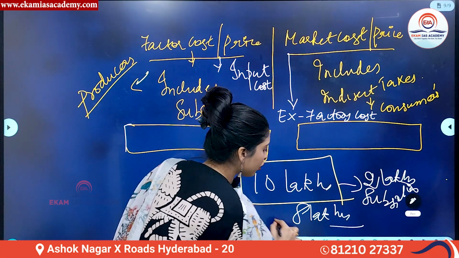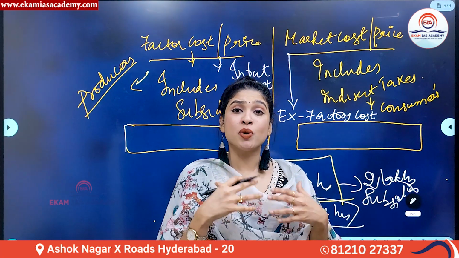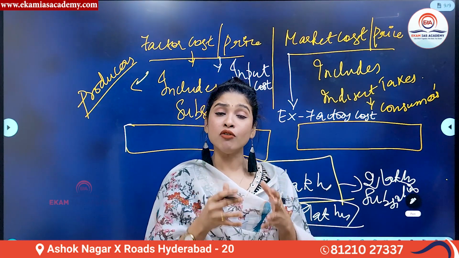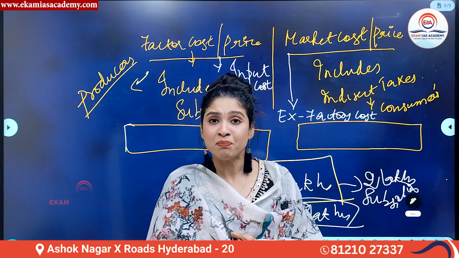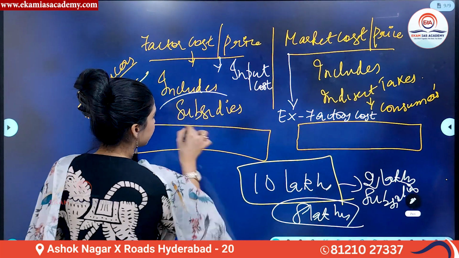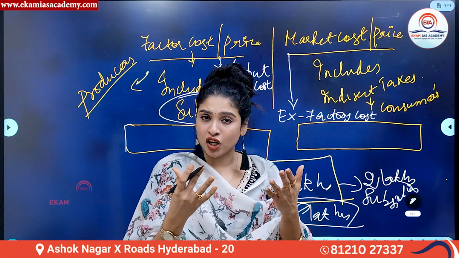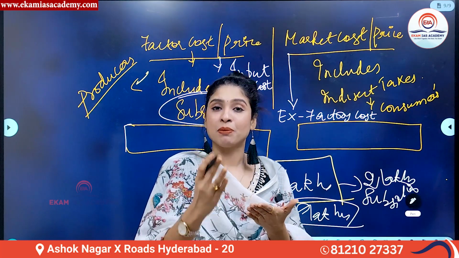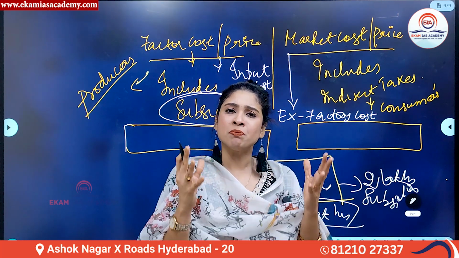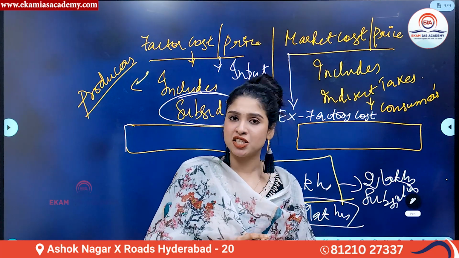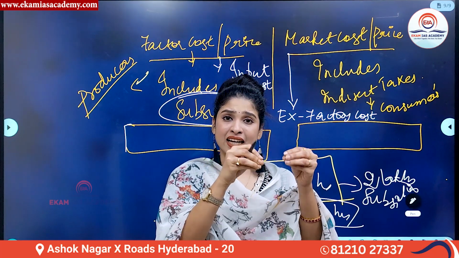So, this is promoting or motivating me to increase production. So, now factor cost or factor price includes another component called subsidies. So, in factor cost, it is always plus subsidies. Subsidies will be added.